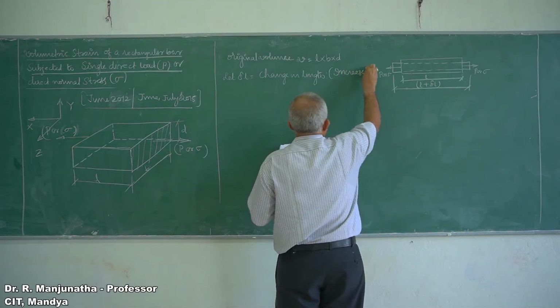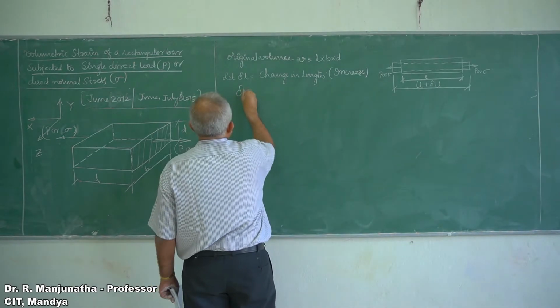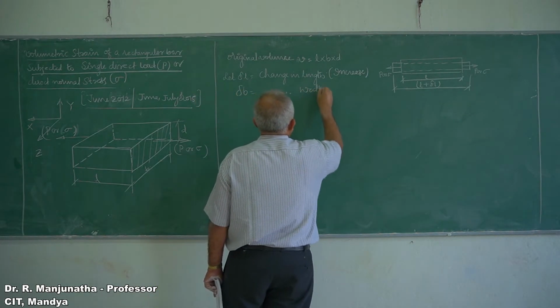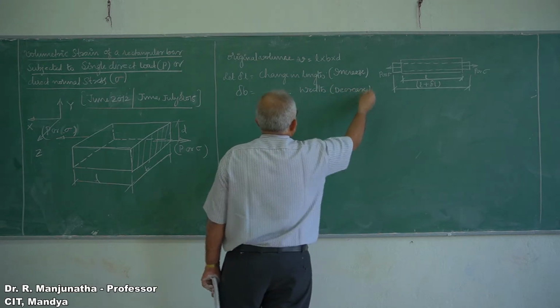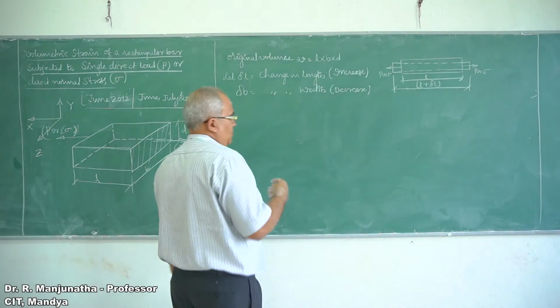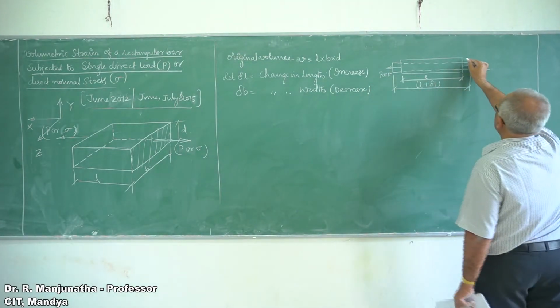Then what happens to the breadth and depth? Here delta B is the change in width, which is obviously going to decrease, because the length is increased. To compensate the volume, the width and thickness have to be reduced.